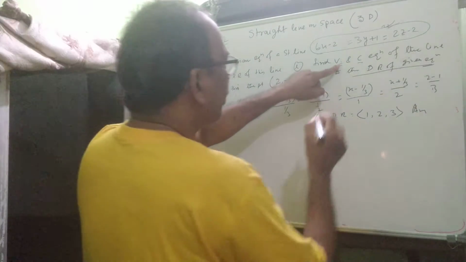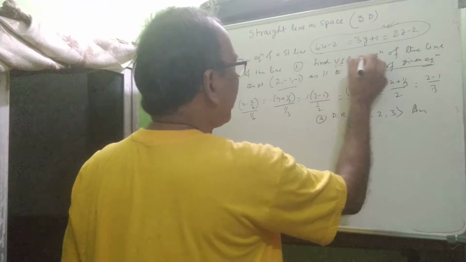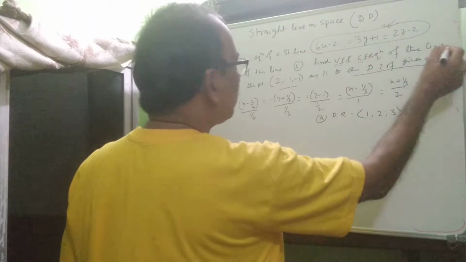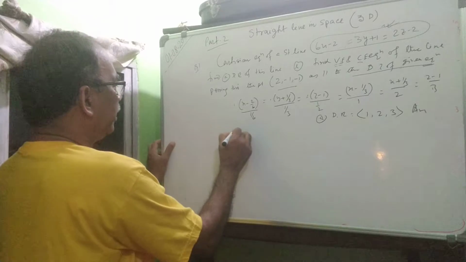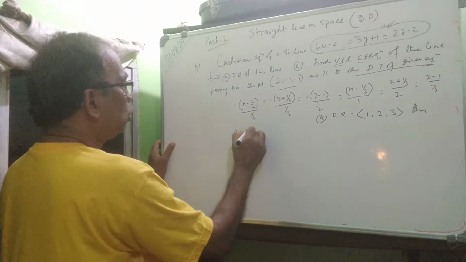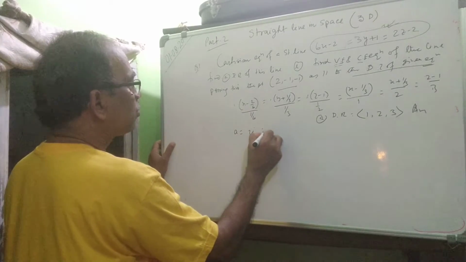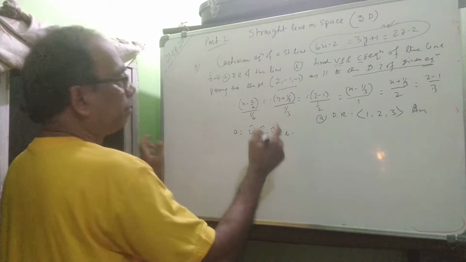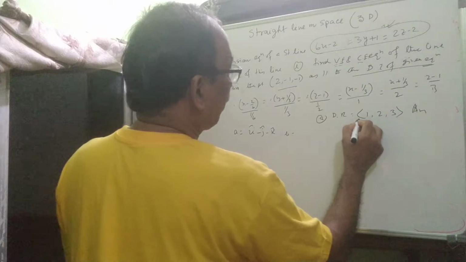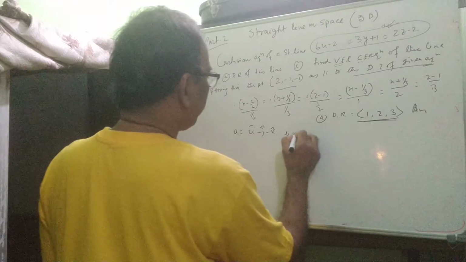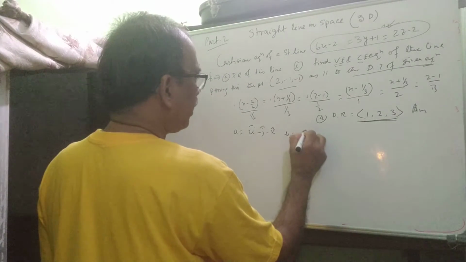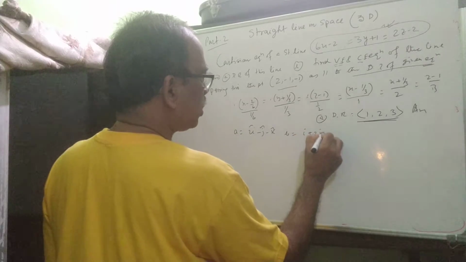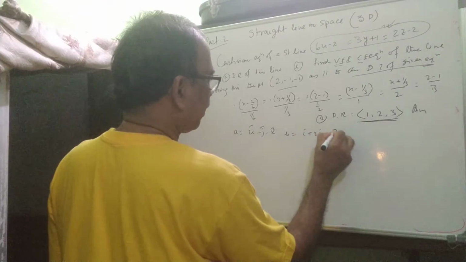Find the vector equation and Cartesian equation of the line passing through the point A. Here A equals 2i minus j minus k, and parallel to the direction ratio, this is B. B equals i plus 2j plus 3k.